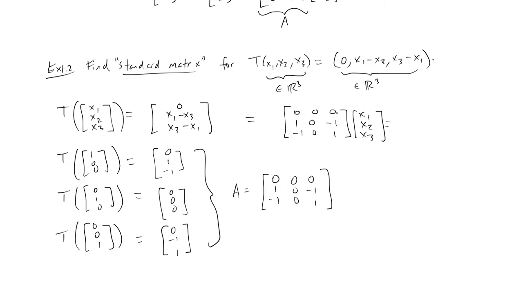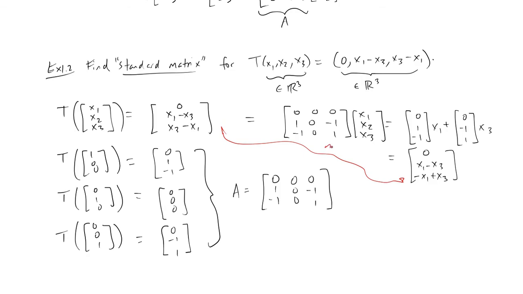If we do the matrix vector product, we'll get x1 times this vector plus x2 times this 0 vector, that one's just gone, plus x3 times this third vector, which is going to be x1 minus x3 in the second coordinate and minus x1 plus x3 in the third coordinate. And these indeed match. So we are correct in our identification of A. This is the correct matrix, the standard matrix.